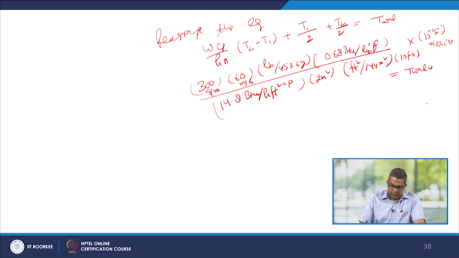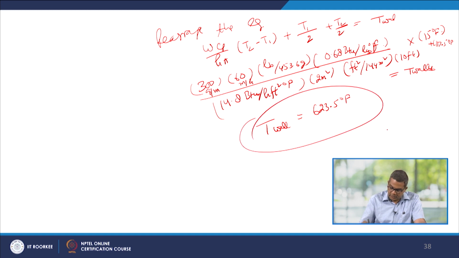So if we solve this, we find that the temperature of the wall is 623.5 degree Fahrenheit. This is our answer.